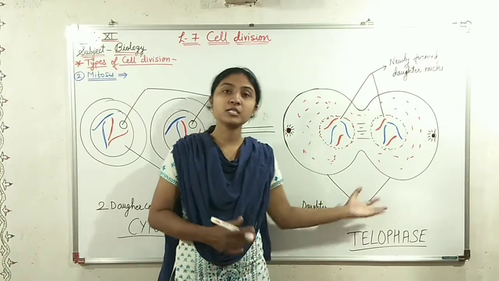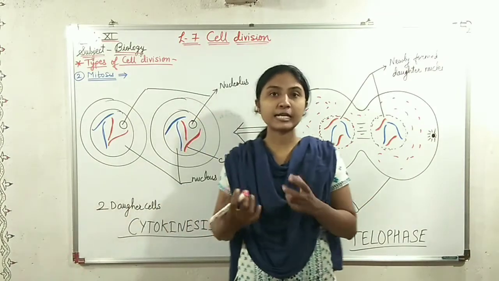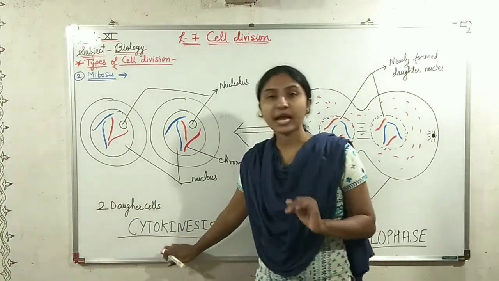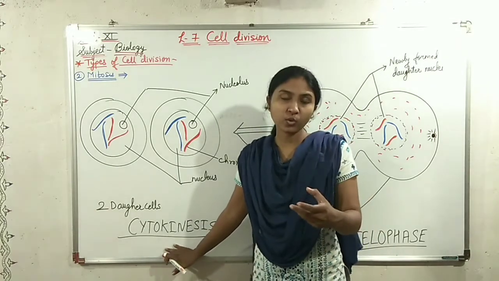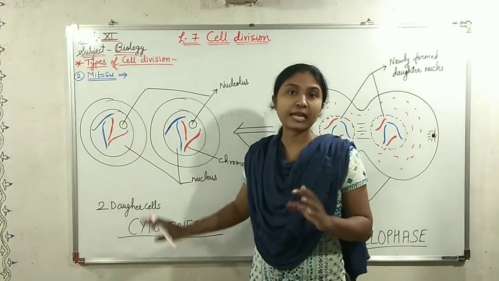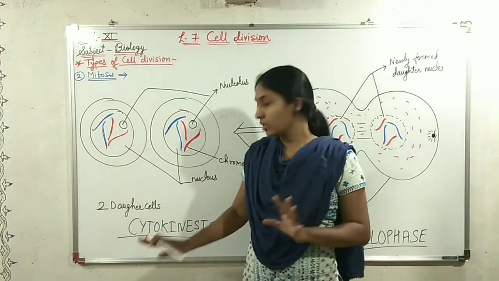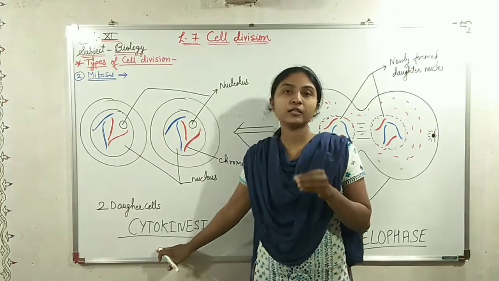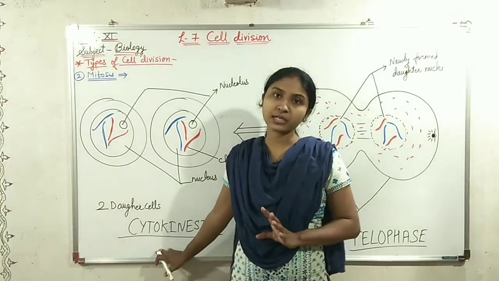After the telophase, the second process of the cell division starts, that is cytokinesis. Now, as we know, cyto refers to the cytoplasm of the cell, and kinesis means division. So here in this process, the division of the cytoplasm takes place.